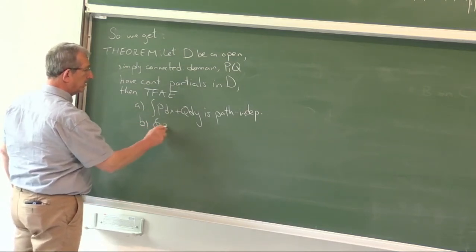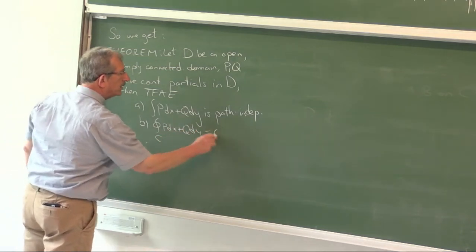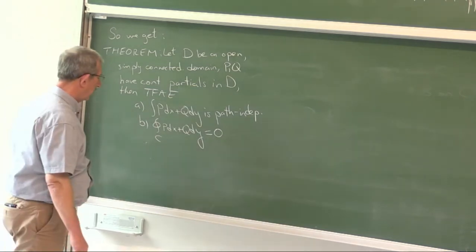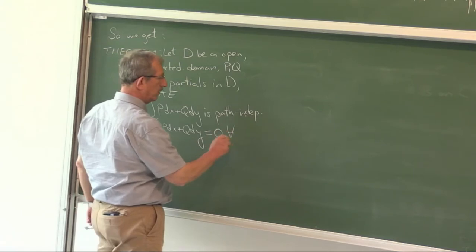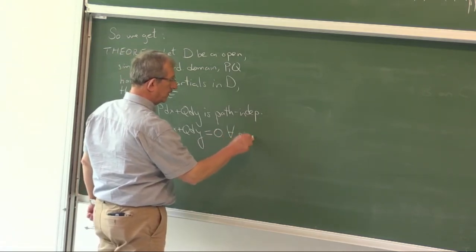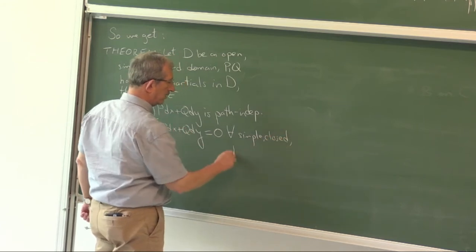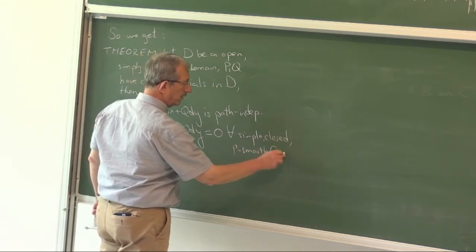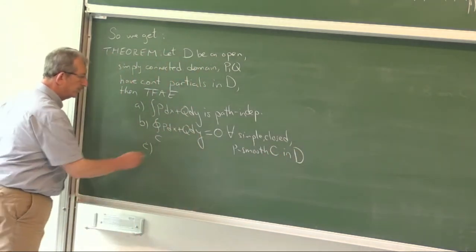B, the integral over simple, closed, and piecewise smooth curves lying inside D, you have zeros.